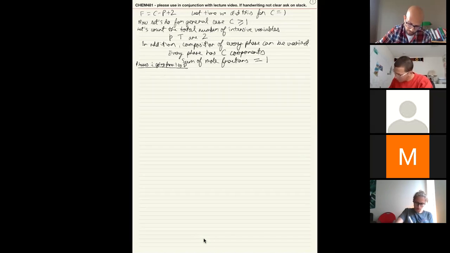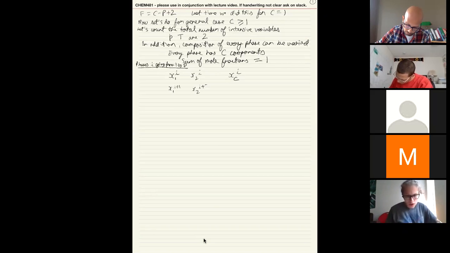So let's look at phase number I, where I is some value between 1 and P. We have component number 1, component number 2, and like this component number C in this phase. Similarly, we have component number 1 in phase number I plus 1, component number 2 in I plus 1, component number C in I plus 1, and so on.